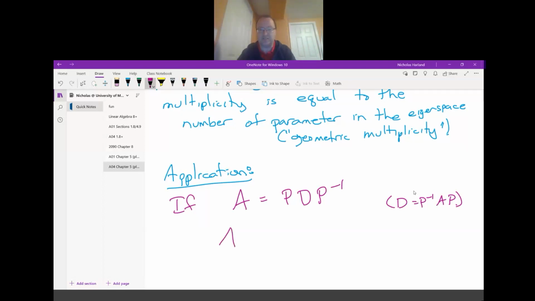So the question is, what is A squared? If A is equal to PDP inverse, what is A squared? That's absolutely true, PD squared P inverse, but why isn't this P squared D squared P inverse squared?